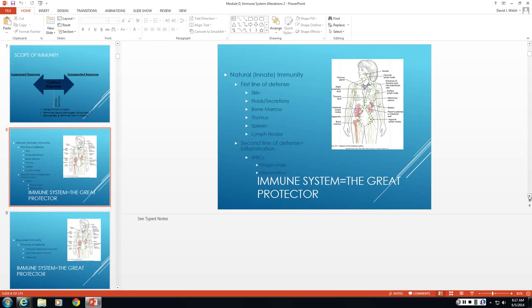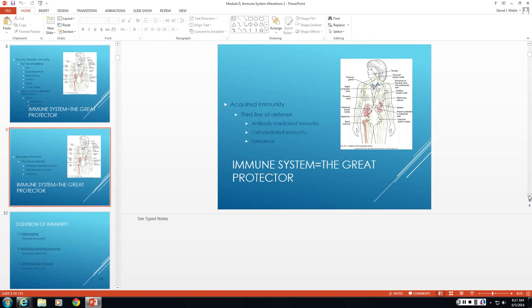You're going to see that second line of defense. Now, your third line of defense is going to be your acquired immunity. So it's going to be the antibodies that you have built up, cell-mediated immunity, and your tolerance to the invader.